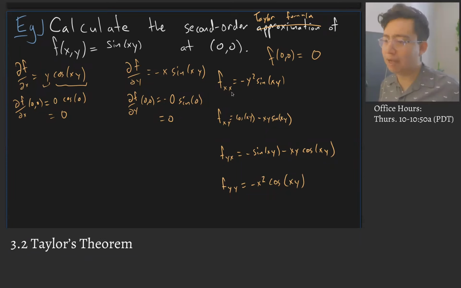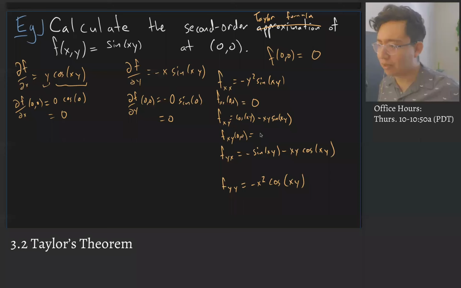And we have to plug in 0, 0 in order to actually use them in the formula. So we plug in 0, 0. In this first case, we just get a 0 because there's a multiplying by 0 up front. In the second case here, this is, I think, the only time we're not going to get 0. So cosine of 0 minus 0, so we just get 1.